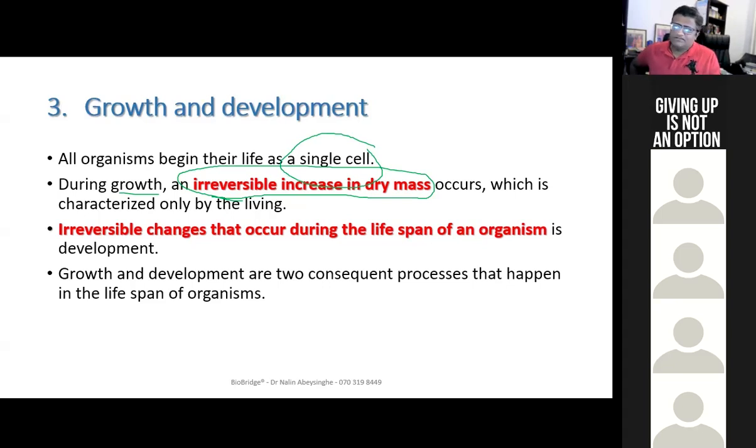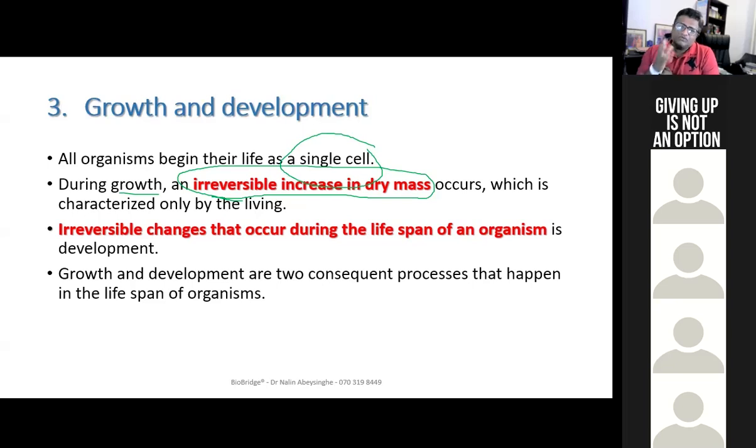Now, whatever happens to a person, even cancer, can you take that person back to the state where he was born? Usually a baby's weight is 2.5 kilograms. An average adult human is 70 kilograms.